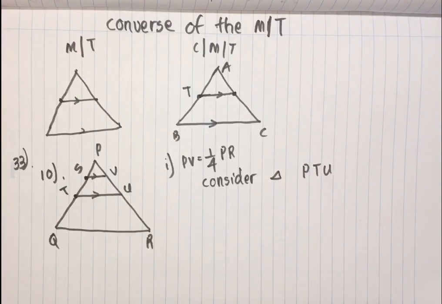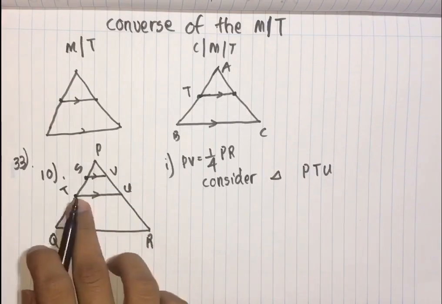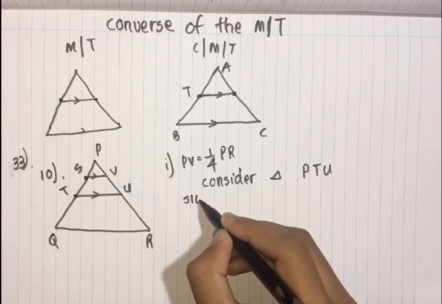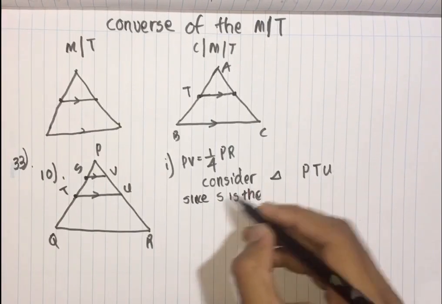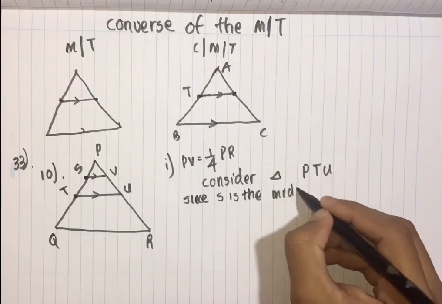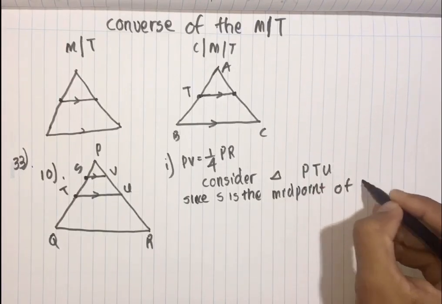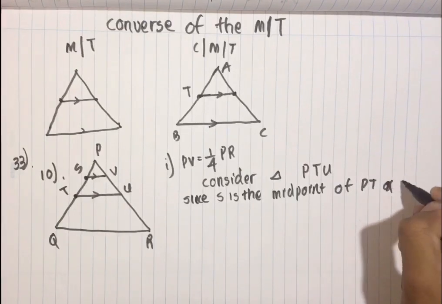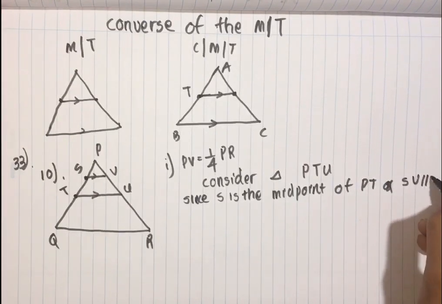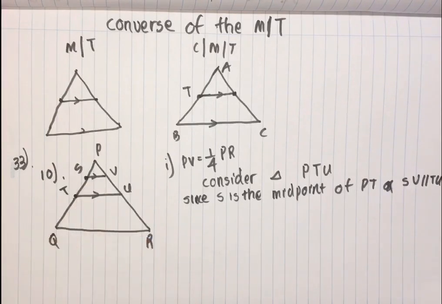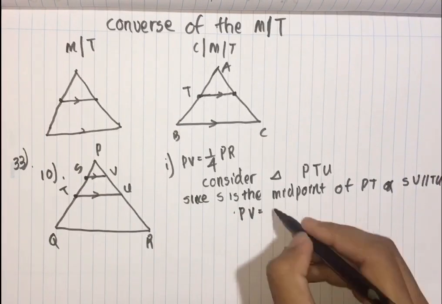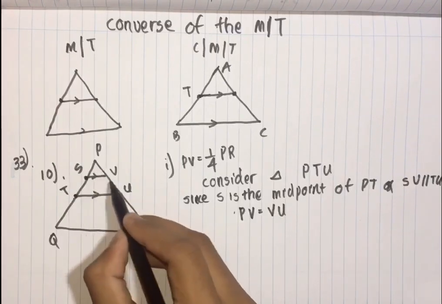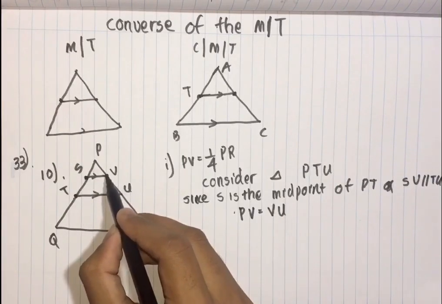Since S is the midpoint of PT and SV is parallel to TU, PV is equal to VU, because the line meets the other side at the midpoint.